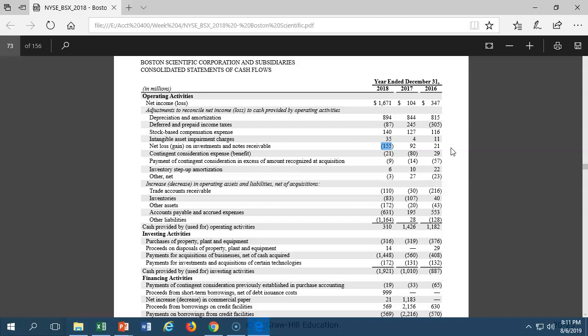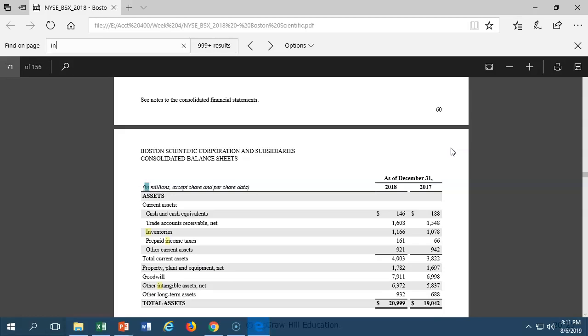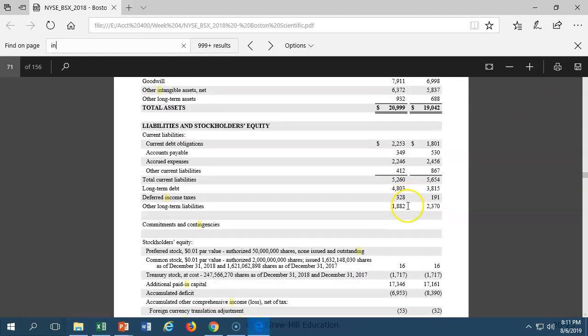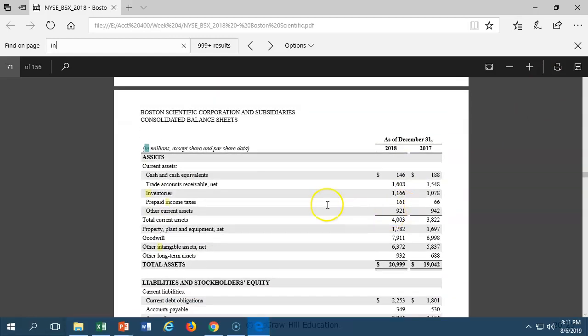Let's just, for this discussion, assume it was an investment. I'm not sure what the investment is. We can maybe even do some research and see if they have a write-up on investments. Actually, what page? I don't want to leave my page here. On page 60.